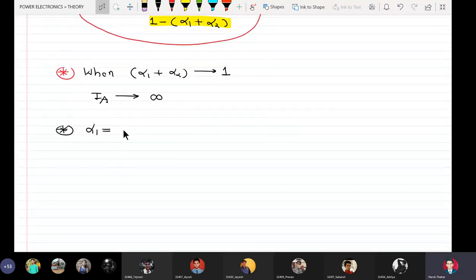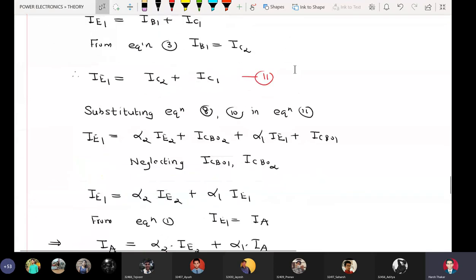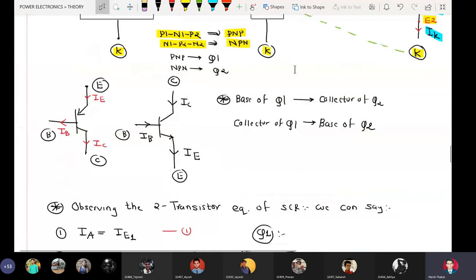Alpha 1 is actually the common base configuration current gain of transistor Q1, and alpha 2 is the common base configuration current gain of transistor Q2. Basically this is called regenerative feedback.